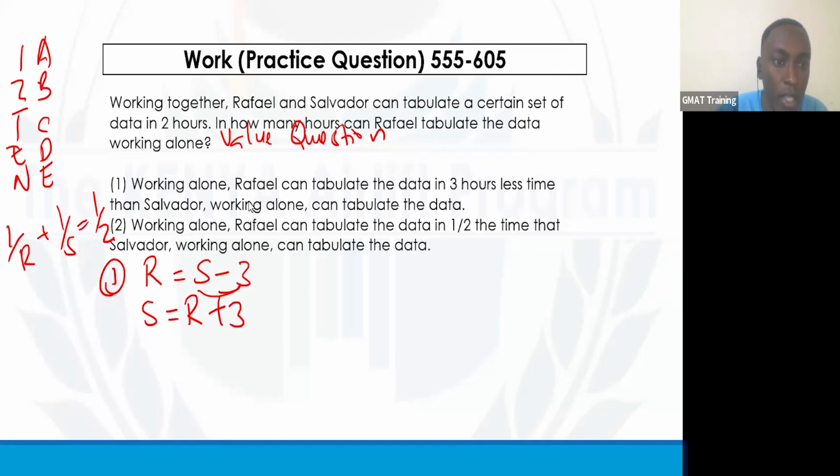I'm going to replace the S in the equation with R + 3 and solve for it, and get the number of hours Rafael can tabulate the data working alone. So statement 1 is sufficient. If it's sufficient, you don't have to combine the statements, and also B is out.